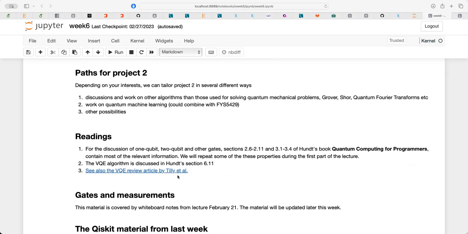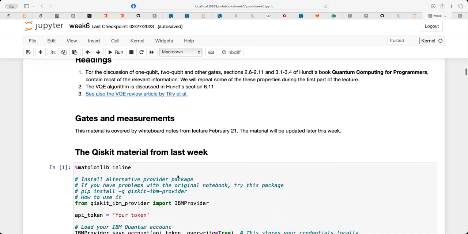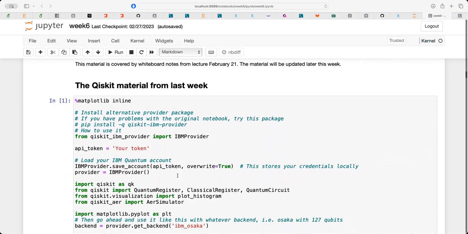Now, I just wanted to quickly go a little bit back to what we discussed last week. Some of you had problems with some of the Qiskit packages which I provided. So Ruben and Karen, for those of you at the lab, had an alternative to the one which I had put up in the original Jupyter notebook.